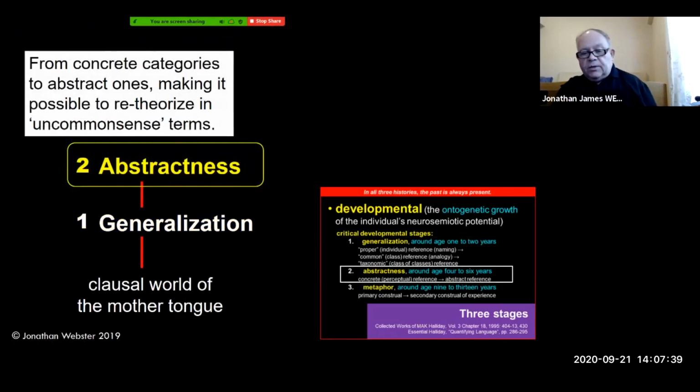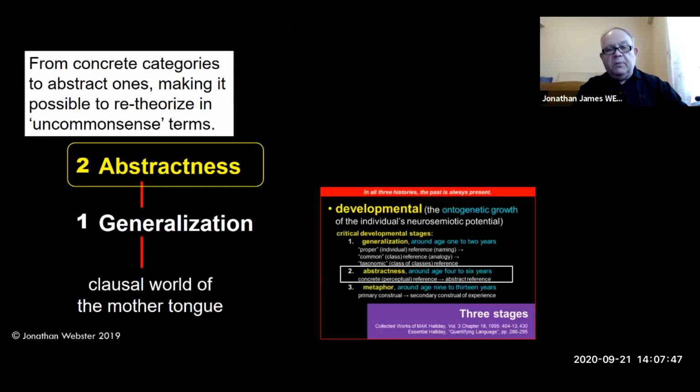The next stage, children are between age 4 to 6 years. And here they're getting to the point where they are able to use abstractness. In other words, taking concrete categories like big, small, and being able to abstract it into size.